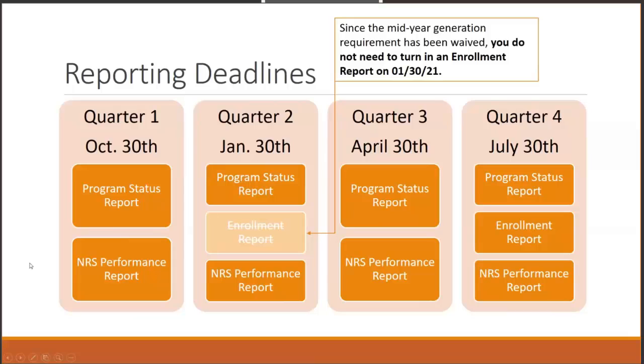However, if you attended Kathy's meeting, her last checking in with ICCB meeting on Monday, you might have heard that the mid-year generation requirement has been waived. So you do not have to turn in the enrollment report on the next reporting deadline on January 30th, 2021. So again, we're just looking for the program status report and the NRS performance report at that time.